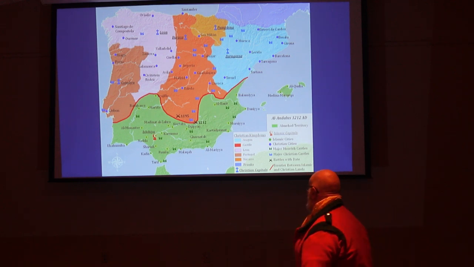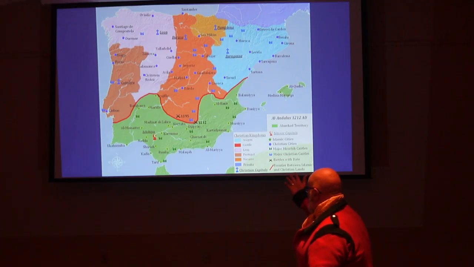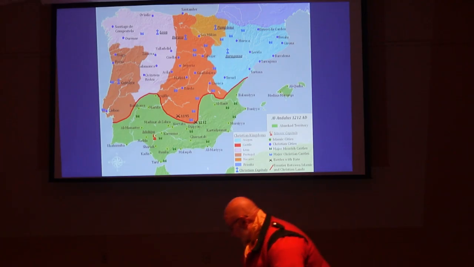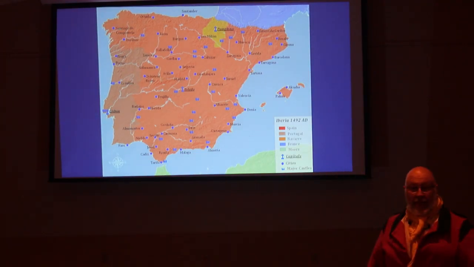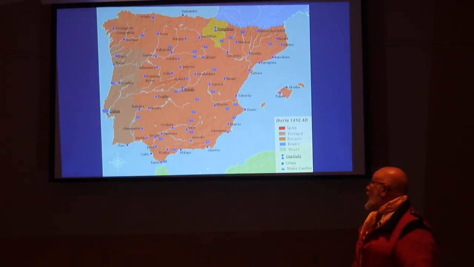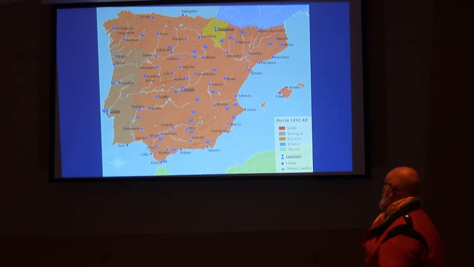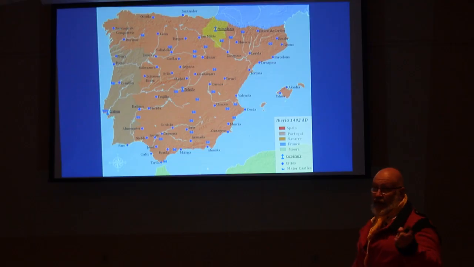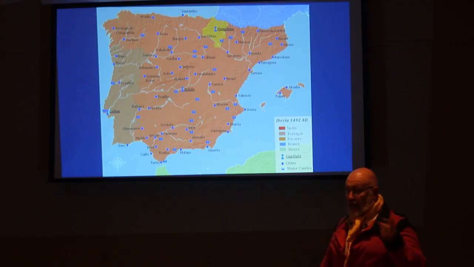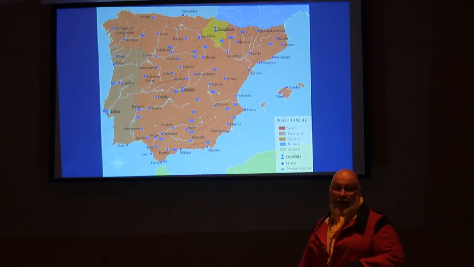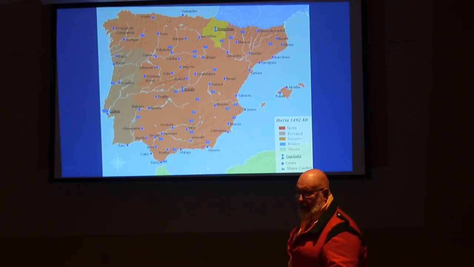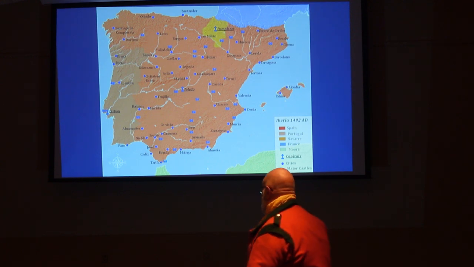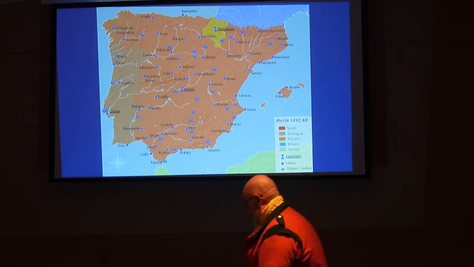They still hold Madrid, some of the major ports, and Gibraltar. By 1492, we all know what happened in 1492, the ocean blue, they're pretty much pushed out. The Spanish have Gibraltar, and there's actually a Spanish enclave in North Africa, Ceuta. It's actually Spain, and it's a thorn in the Arabs' side, but the Spanish aren't giving it up.